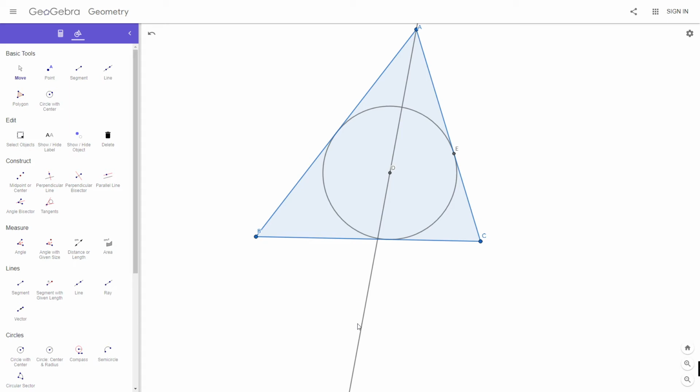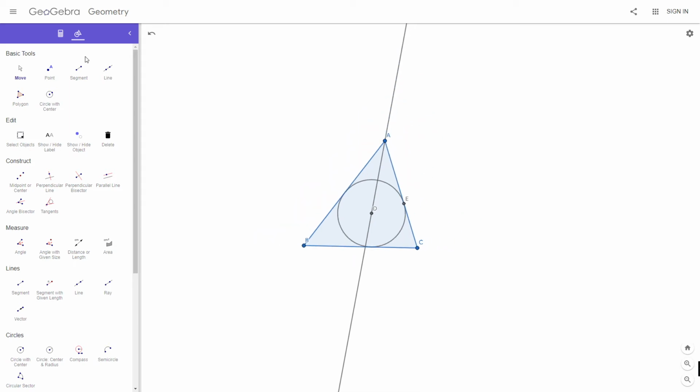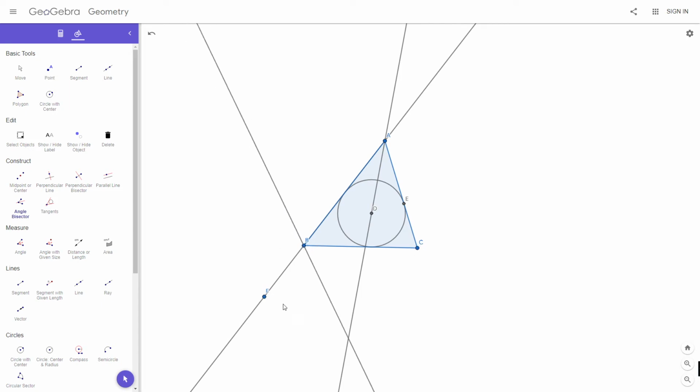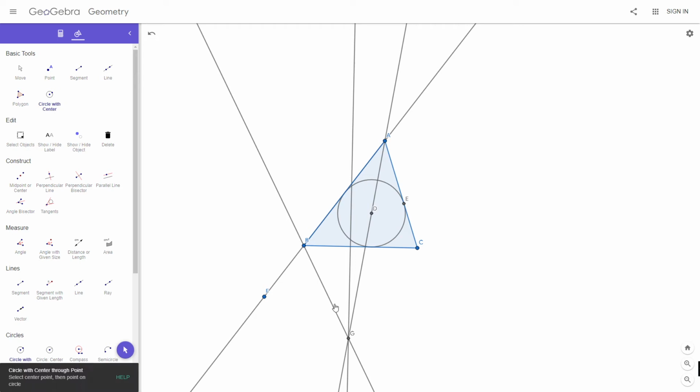And then also we construct the external angle bisector. There it is. And we're going to need a point, and then we construct the tangency point of the excircle to this point, which I'll just draw so you can see that it is in fact correct.